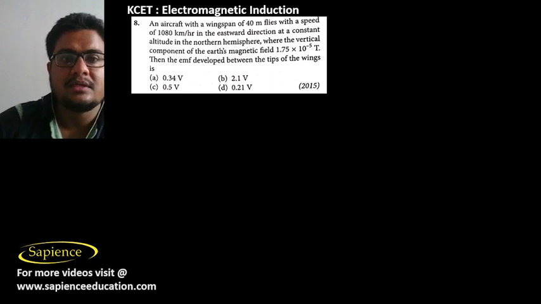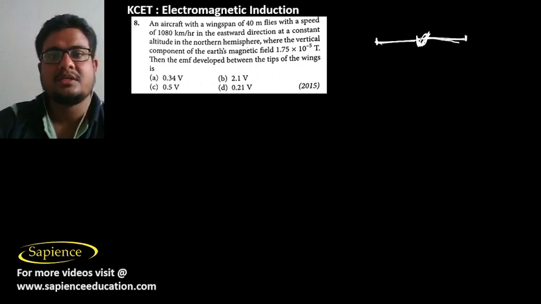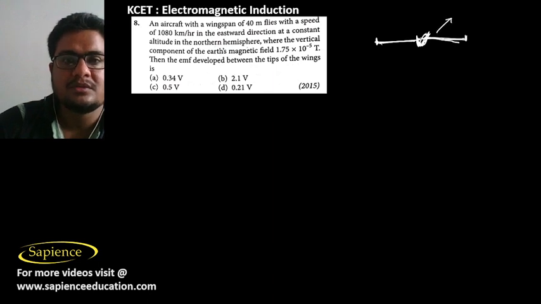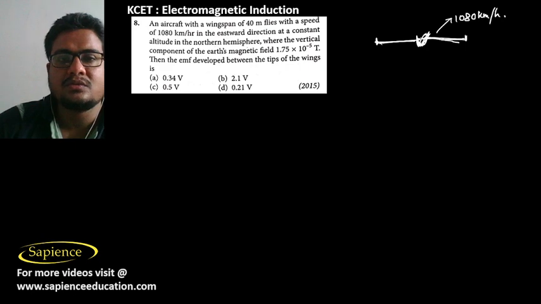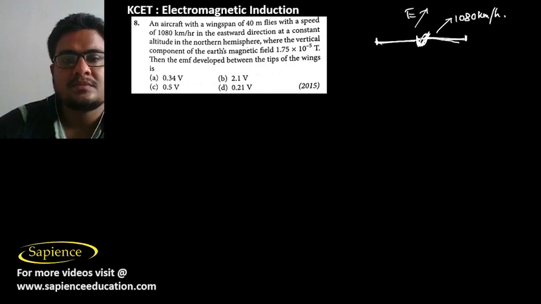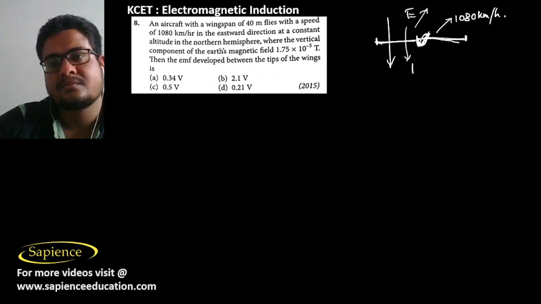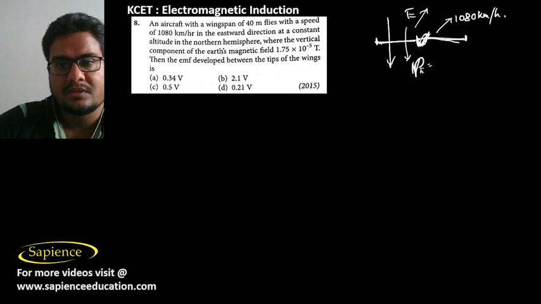Question number 8. An aircraft is having a wingspan of 40 meters and flies with a speed of 1080 km per hour in the eastward direction at constant altitude in the northern hemisphere, where the vertical component of the Earth's magnetic field, that is B, is 1.75 into 10 power minus 5.